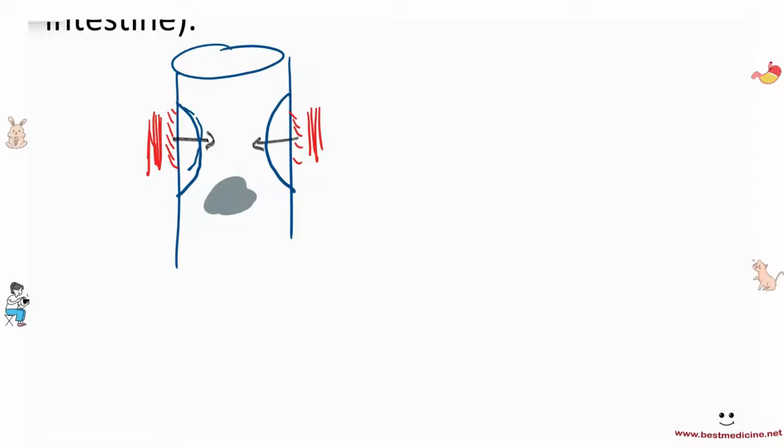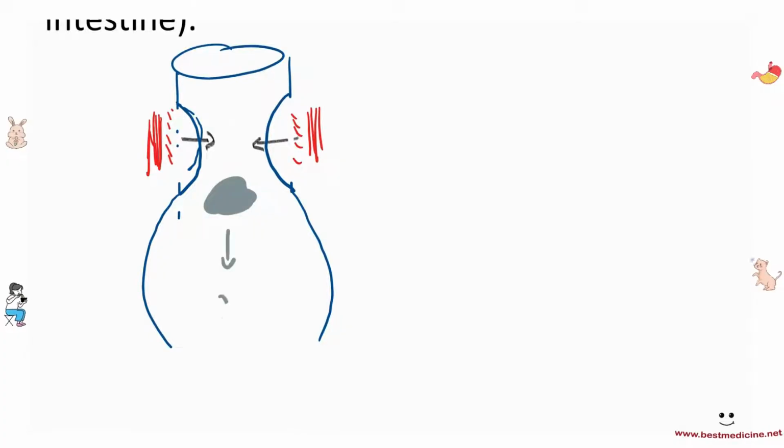Okay? While below the food, it causes the contraction of longitudinal muscles, which causes the esophagus to dilate. All right? Allowing the food to go down much more easily.